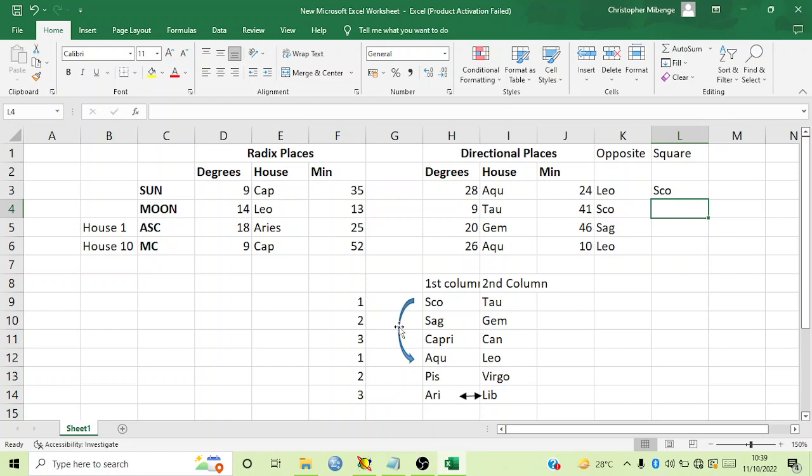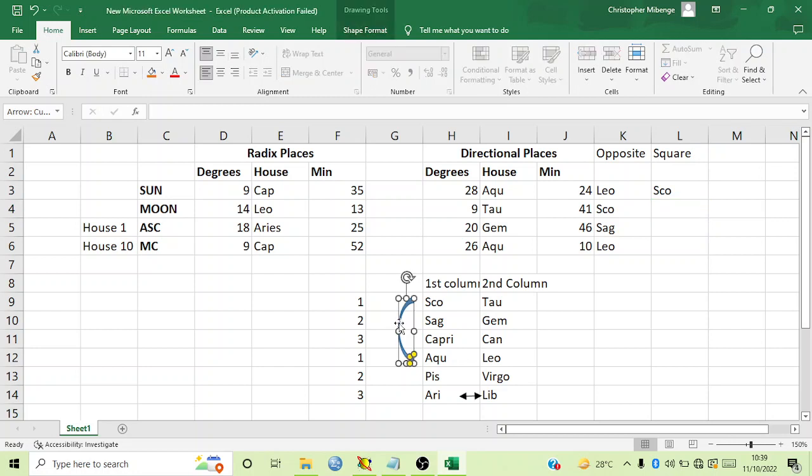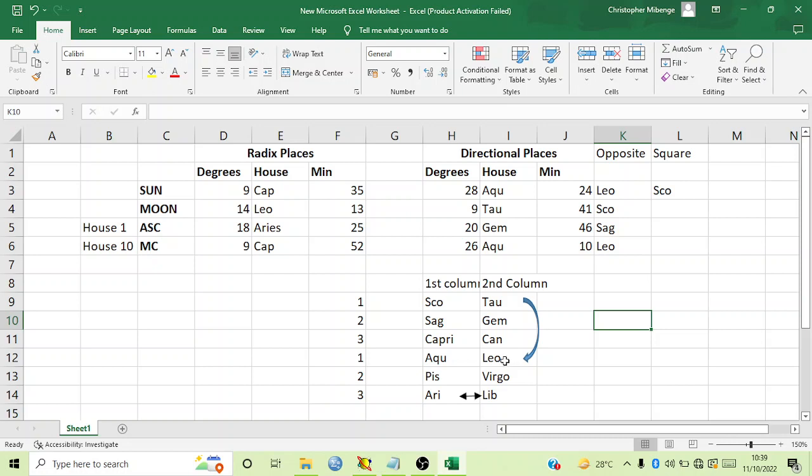where is Taurus? Okay. So again, Taurus here. So Taurus here is, let me put it this way. Let me flip it. Yes. So Taurus here is square, sorry, to Leo. So I'll put Leo here, right? Then I'll put Gemini.